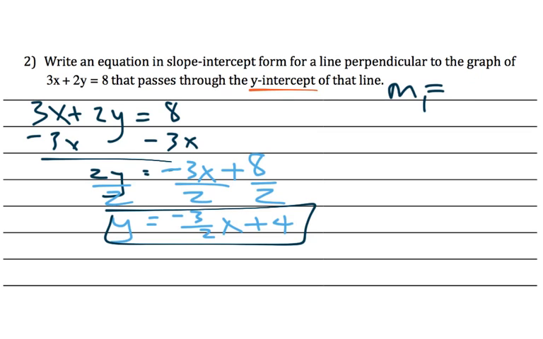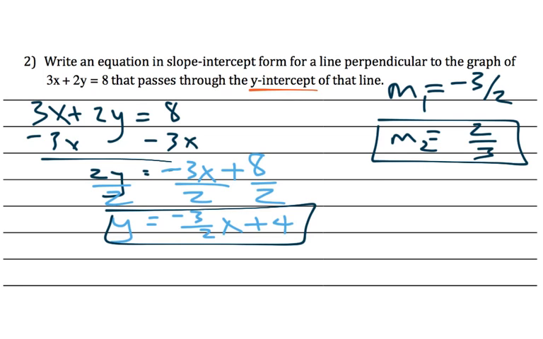That means that m1 equals negative 3/2, and the slope of the new line is going to be the flip of that and the opposite. So there's our new slope. But it also has to pass through the y-intercept of this line, which means that's where x is 0. Because the original is in standard form, which is usually easier to work with, I'm going to choose that.